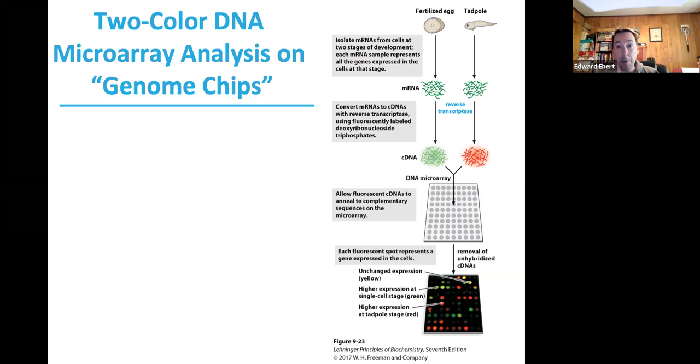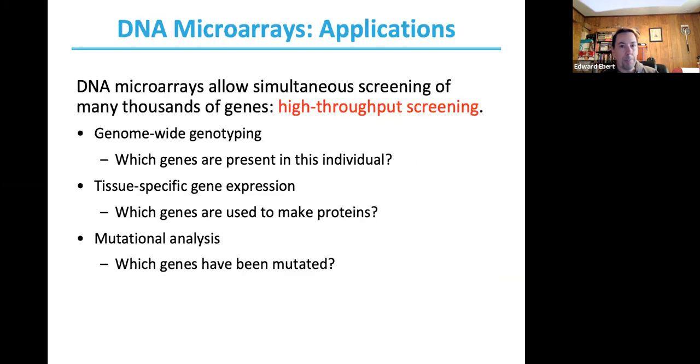We can also compare different organs this way as well too. So maybe look at kidney and liver extracts and see what genes are similar between the two, and what genes are different between them. Okay, so there are tons of applications for microarrays. One of the neat things is because you can have these chips that will have thousands of different sequences on them, you can do high throughput screening.